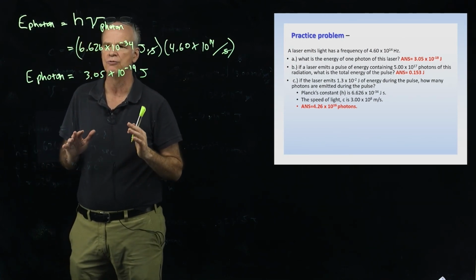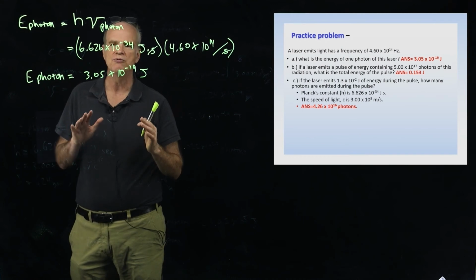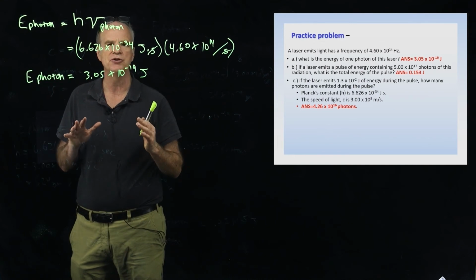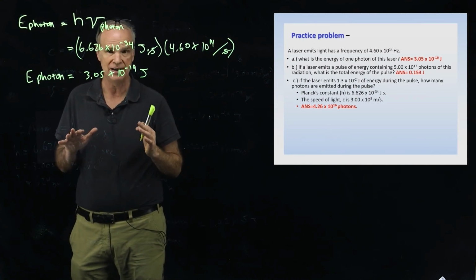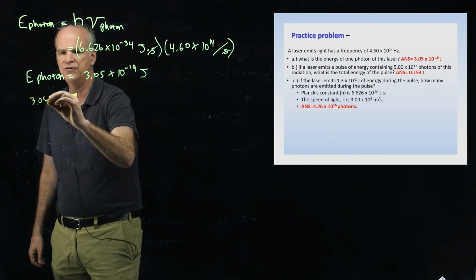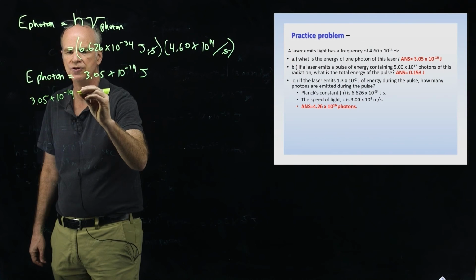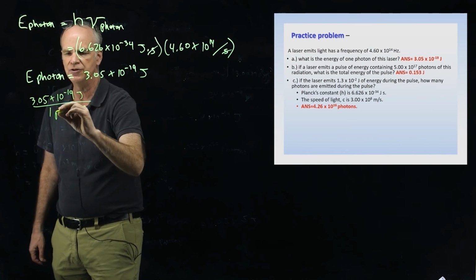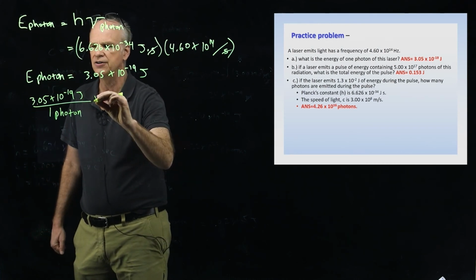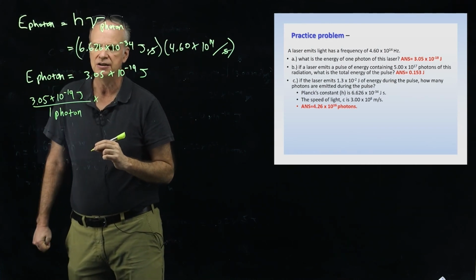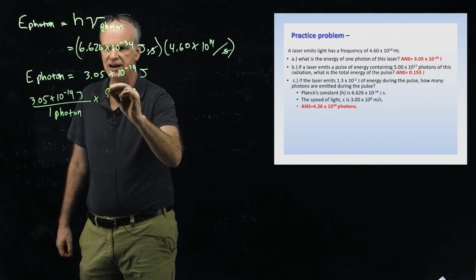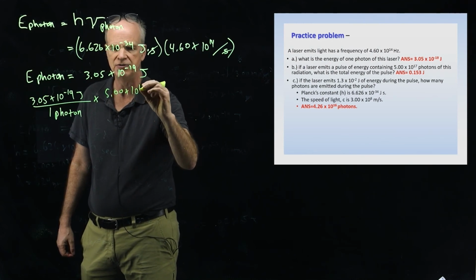And now what we're wondering is, if we have 5.00 times 10 to the 17 photons, how many total joules are there in that number of photons? So we have 3.05 times 10 to the negative 19 joules, and again, this is the energy in one photon. Now what we're trying to do is figure out the energy in that large number of photons, and so all we do is multiply this by 5.00 times 10 to the 17 photons.